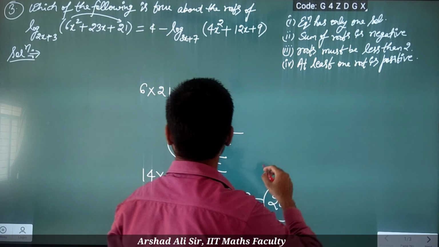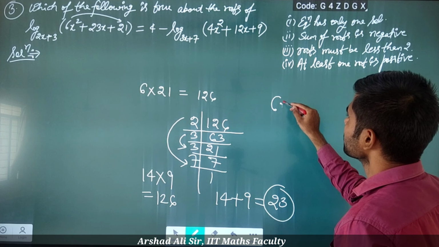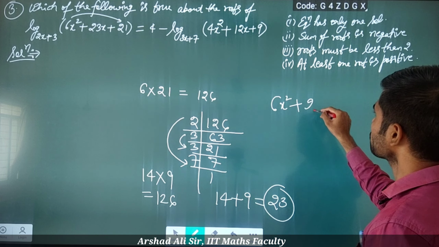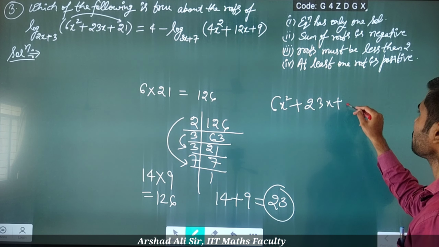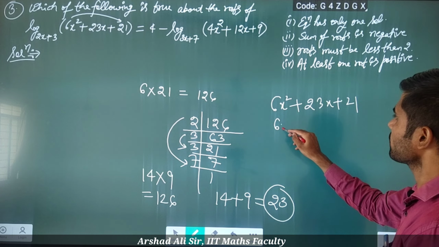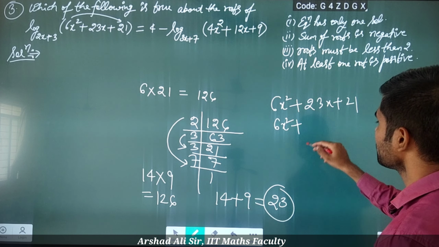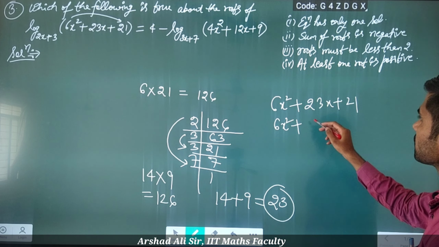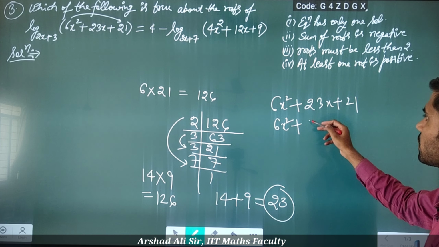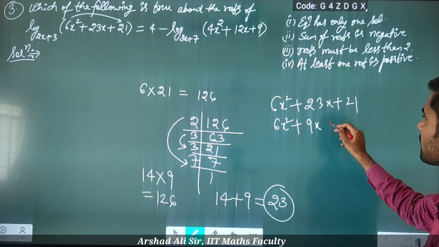If we are getting factors, then separately we can write 6x square plus 23x plus 21 as 6x square plus 14x plus 9x plus 21. We can write 9 plus 14 or 14 plus 9, both are the same thing.